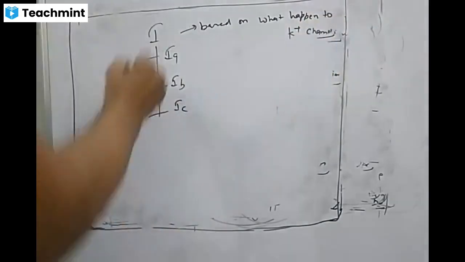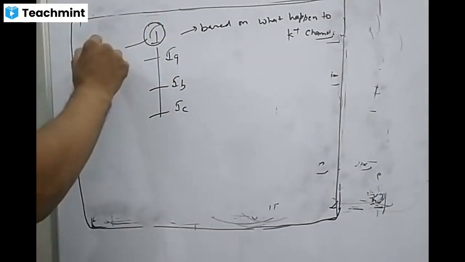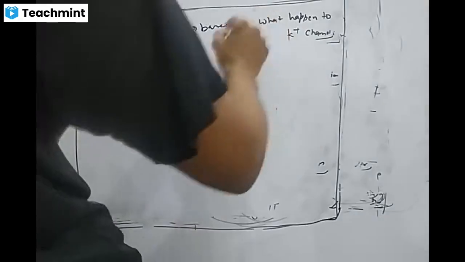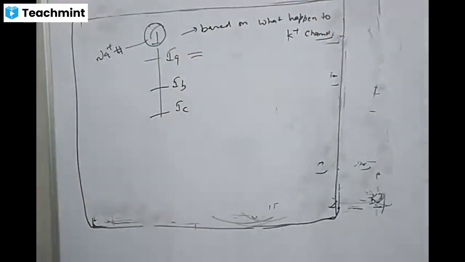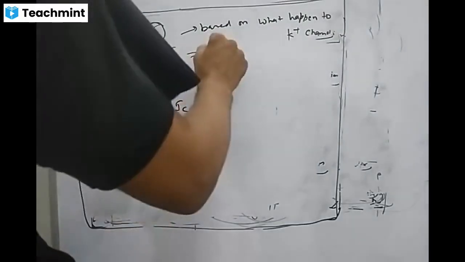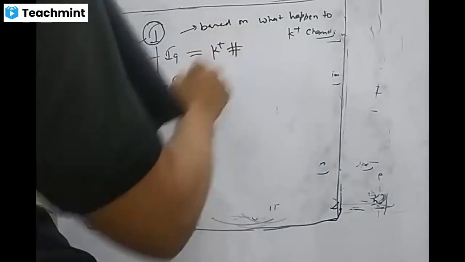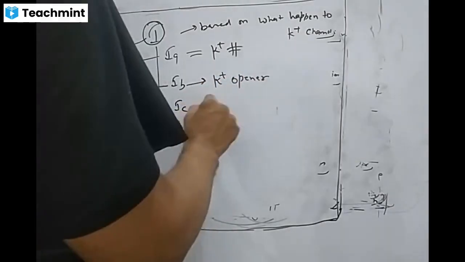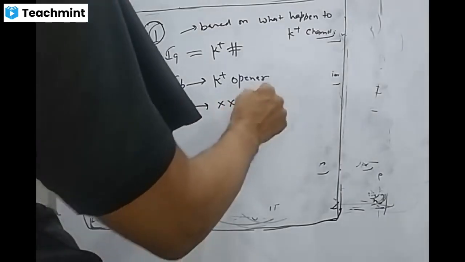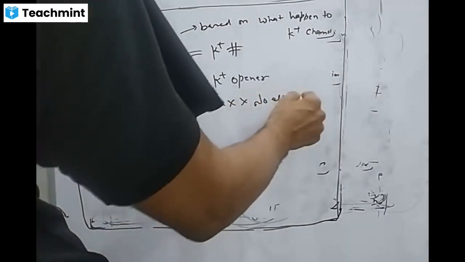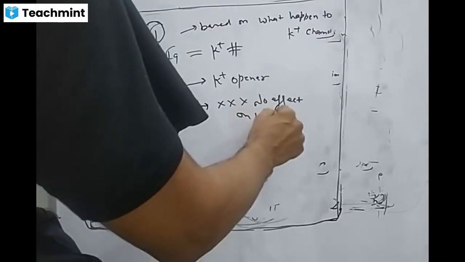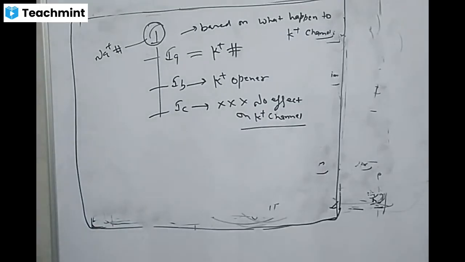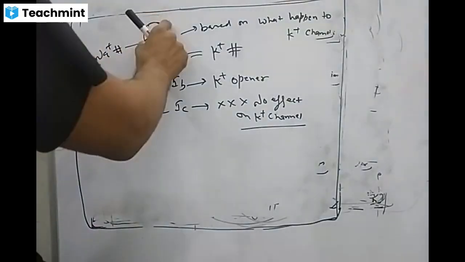Class 1 means sodium blocker. So 1A drugs are potassium blockers, 1B are potassium channel openers, and 1C have no effect on the potassium channel.